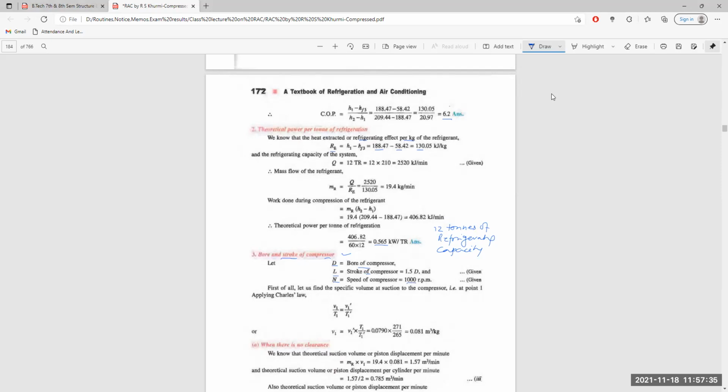Now, from the universal gas equation, P1 V1 by T1 is equal to P2 V2 by T2, where V1 by T1 equals V1 dash by T1 dash, because P is the same for the compression process.